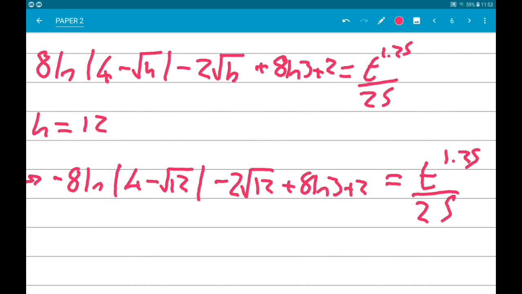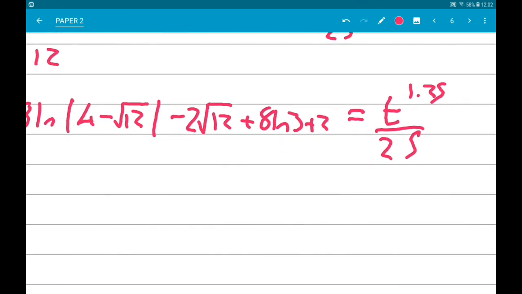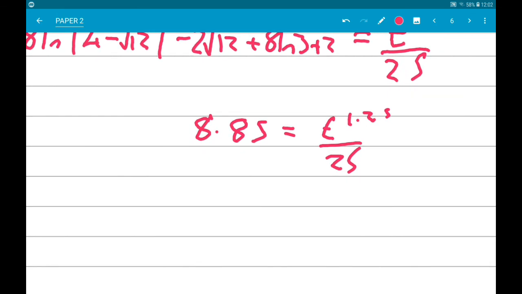Alright, so now we can work out the left hand side as a number. Now, on the left, we should get that as 8.85. Multiplied through by 25, and we get 221.3.